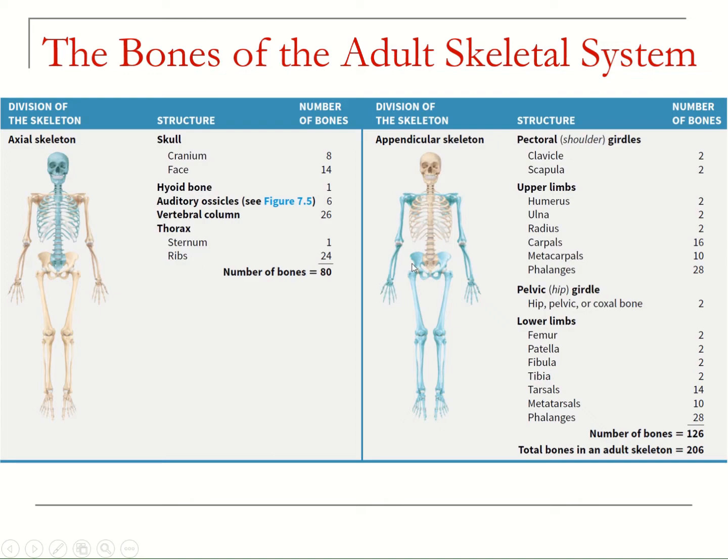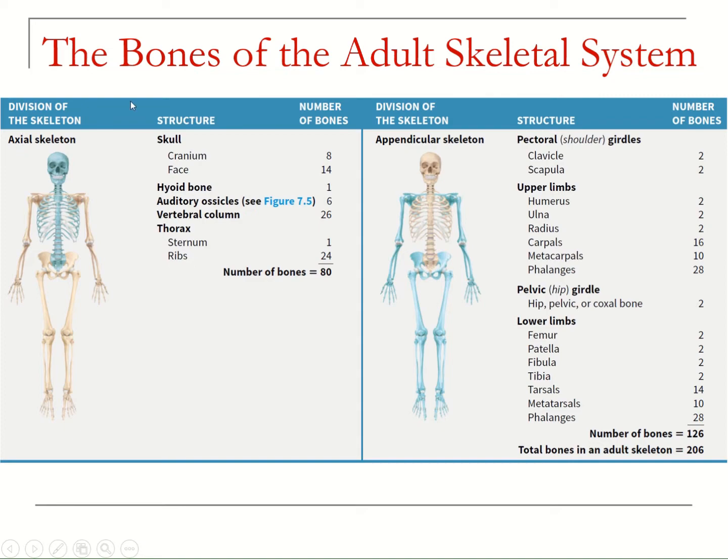And we have your pelvic girdle over here, including the hip, pelvic, and coxal bone. Then we have the bones of the lower extremities: the femur, the patella, the tibia and fibula, tarsals, metatarsals, and phalanges. Don't worry, we'll be discussing each of these bones in a while.